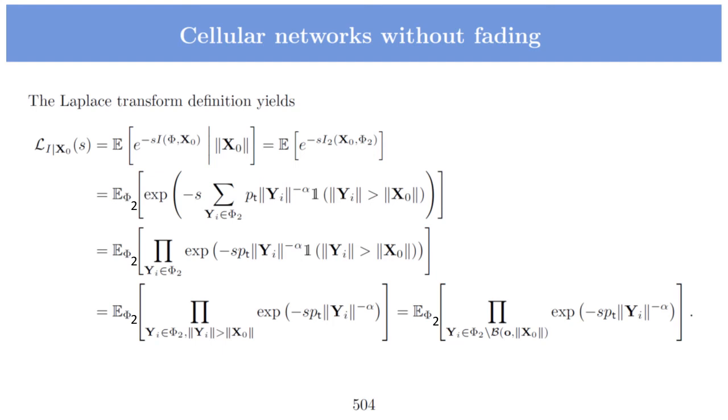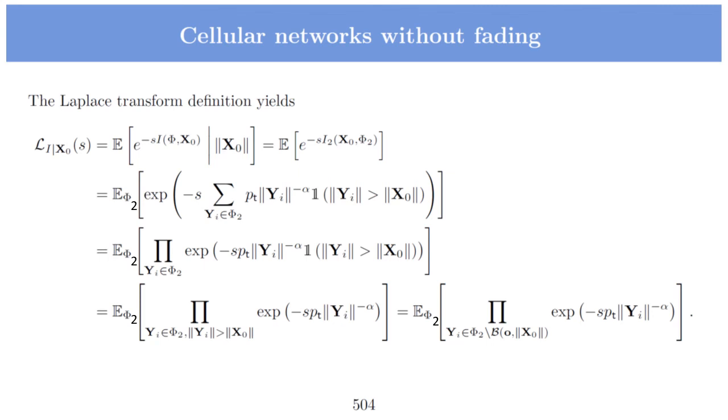Remember, this indicator is coming because of the association law that all the interfering base stations must exist outside the ball of radius x0 centered at the origin. That is the same argument as the last case: because of the association there is an exclusion ball, that no other base station can be closer than the serving base station x0.